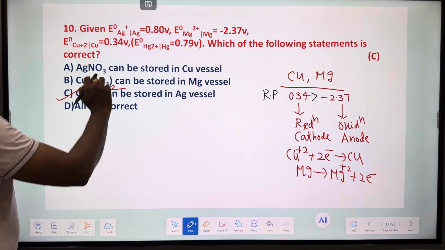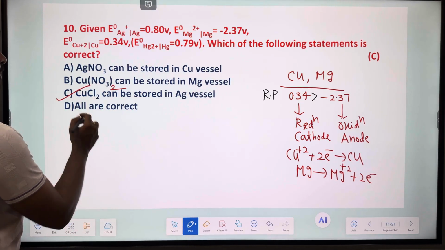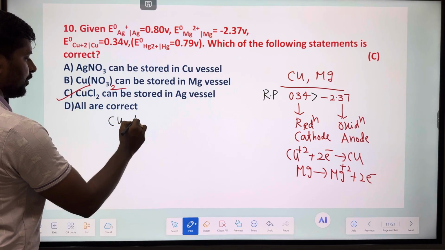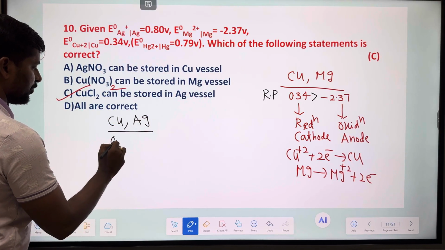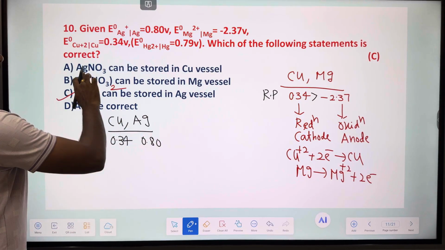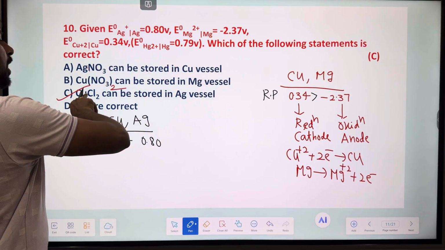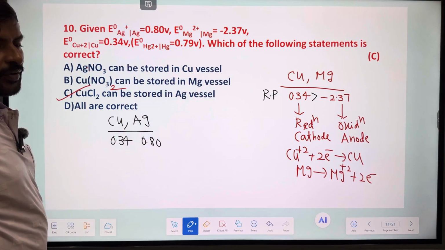So copper chloride, cupric chloride, can be stored in a silver vessel. Comparing copper and silver once again: copper is 0.34 and silver is 0.80. Silver nitrate we cannot store in a copper vessel, but copper chloride we can store in a silver vessel.